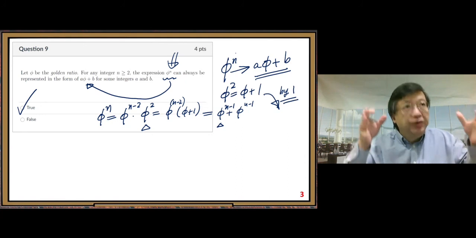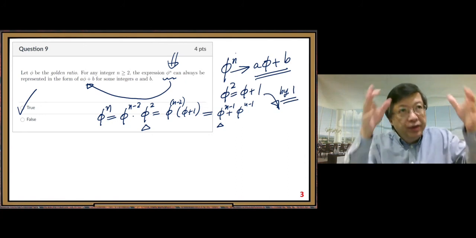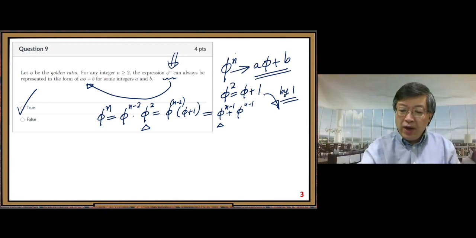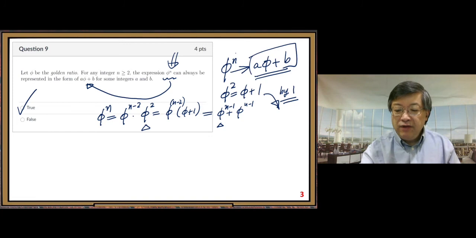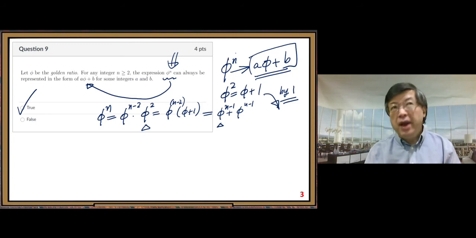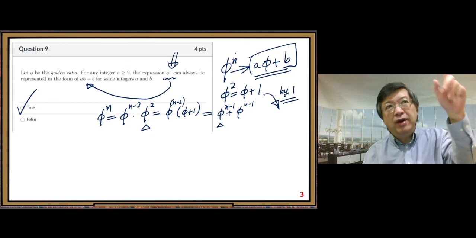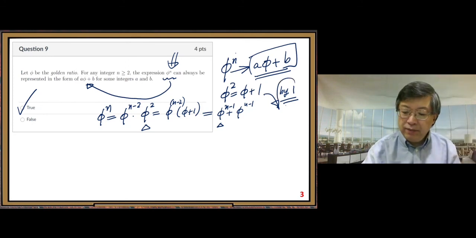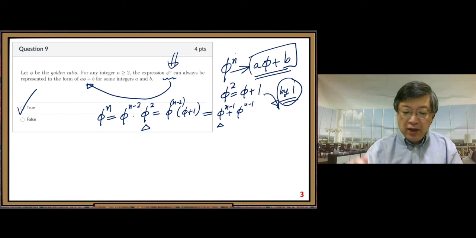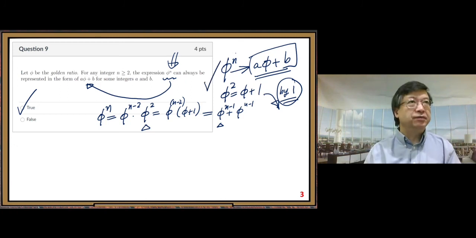Then you keep doing degree reduction. And you have to stop at the end. When you reach the a phi plus b form, you have to stop because you can never find a phi square term. When you can see a phi square term, you can bring down the degree by 1. But if you never have that phi square term, you have to stop. So if you use that way, you can convince yourself. You can do that.